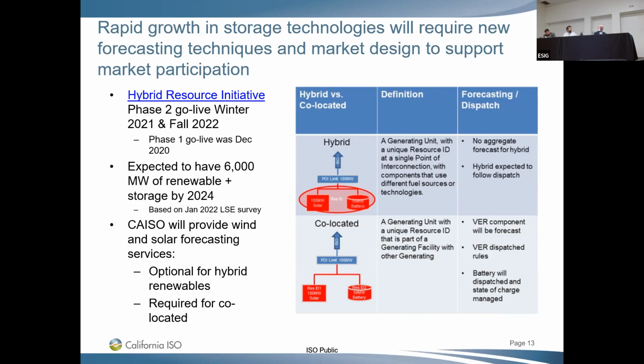So we continue to forecast for the standalone co-located resources. It's optional for the hybrid resources if the ISO will provide the forecasting service or not. So when they go through the registration process, they can choose the ISO to provide that forecast for them or to do it on their own. What we are seeing is the majority of the hybrids coming on are still requesting the ISO forecasting service for the components that they have.